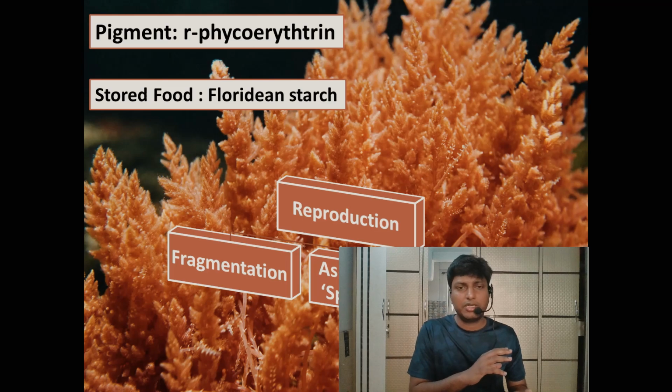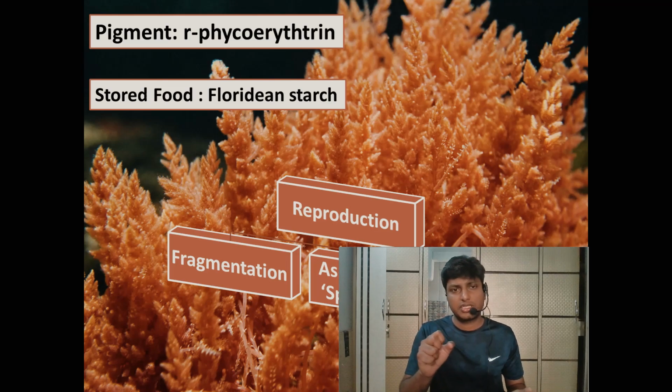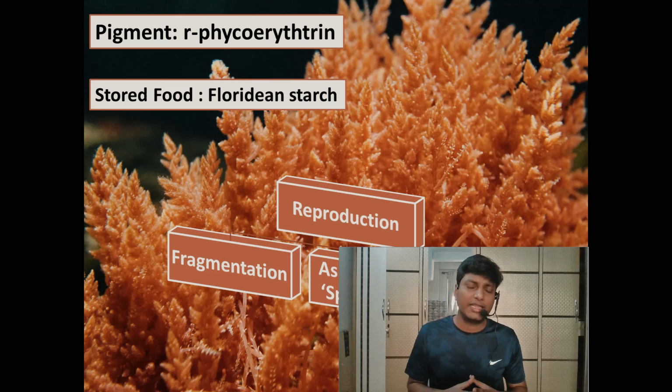Among the different wavelengths of visible light, this particular plant absorbs the red wavelength, and that's why the pigment, phycoerythrin, gives the plant its red color. The name of the pigment is R-phycoerythrin.